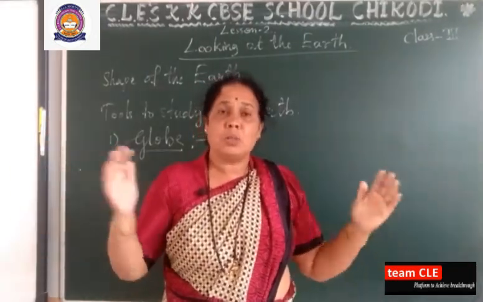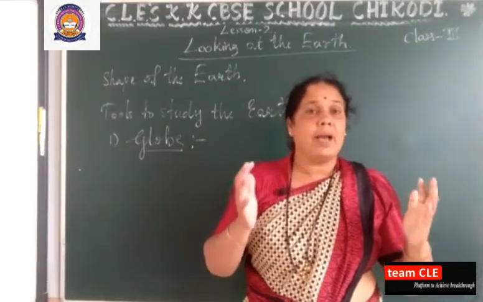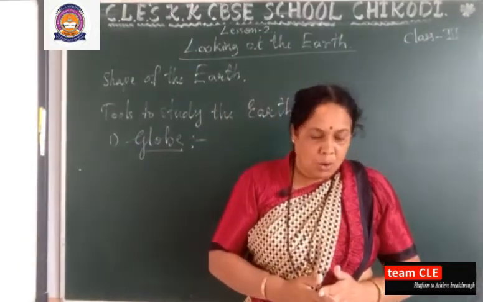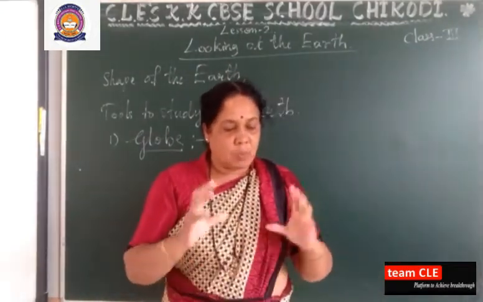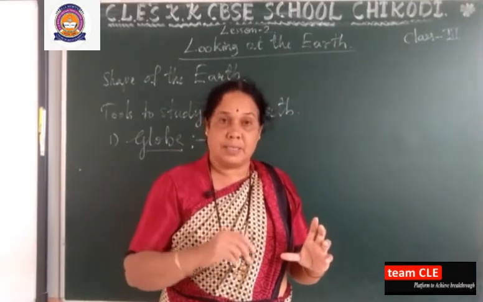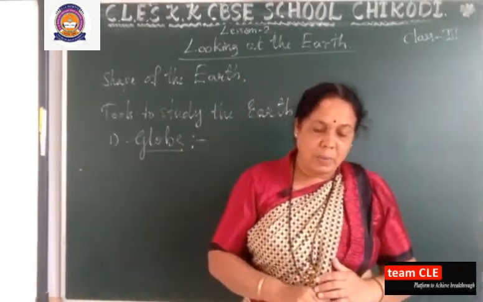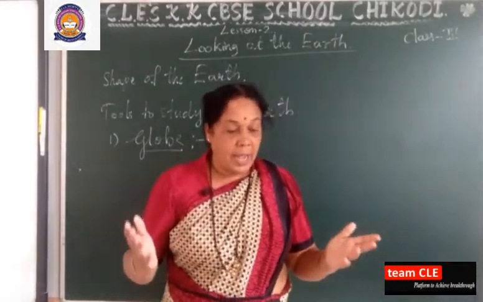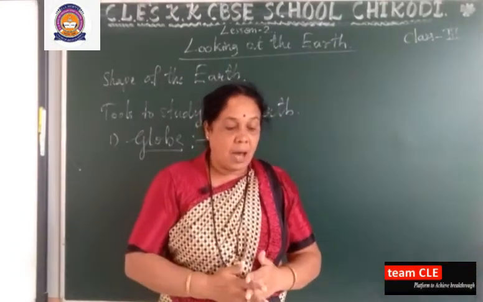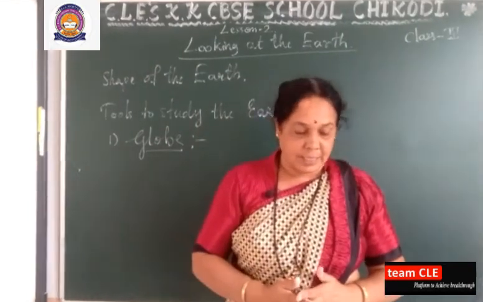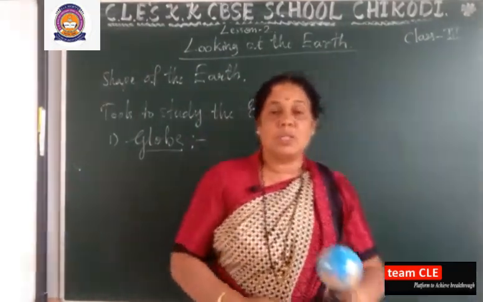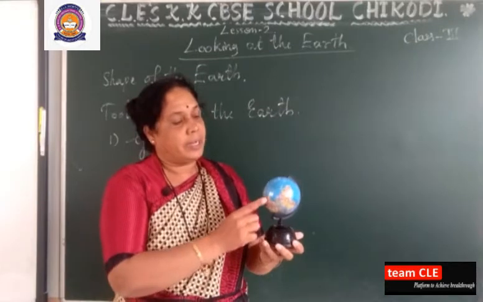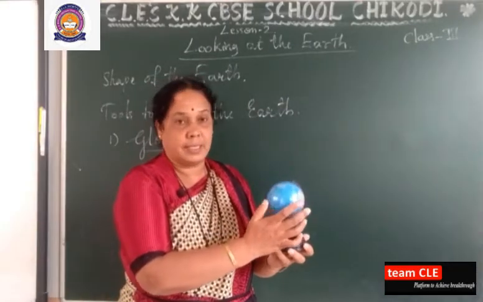So a globe is a small round model of the earth. A globe tells us how the oceans, continents and countries are placed on the earth's surface. So this is the globe, and it is a model of the earth.